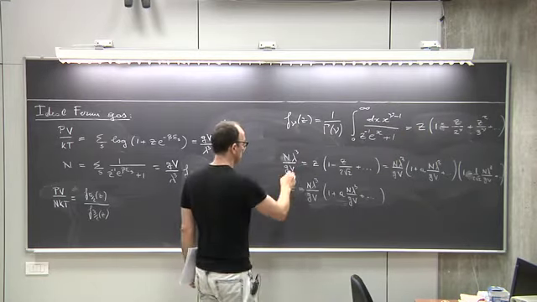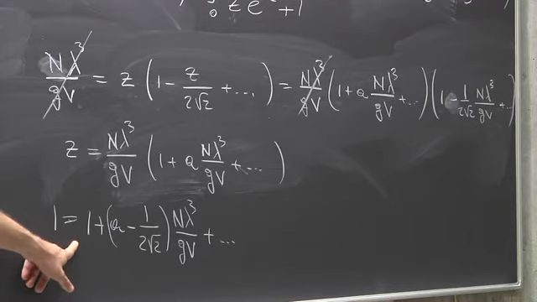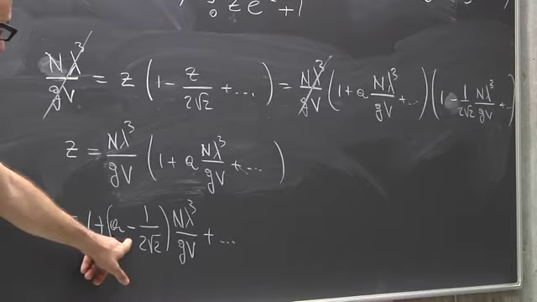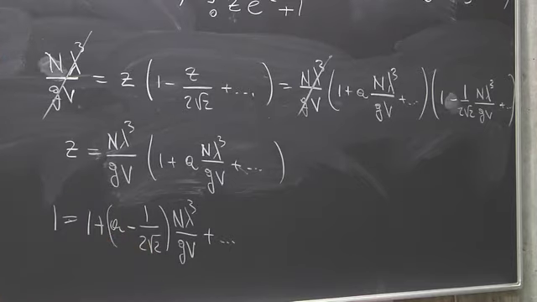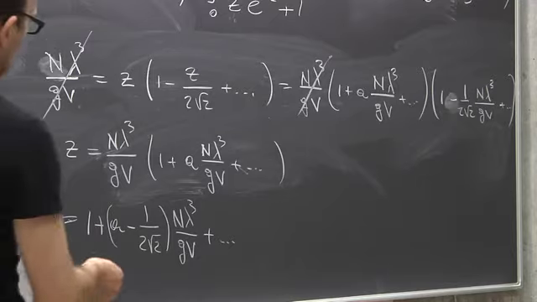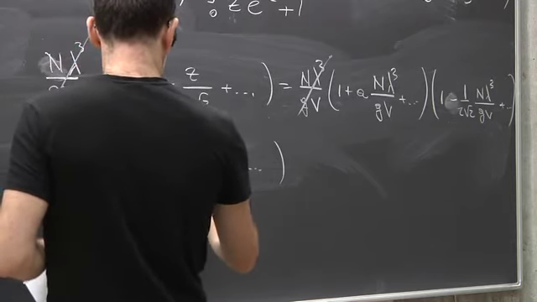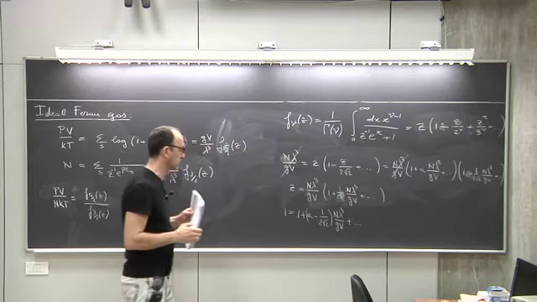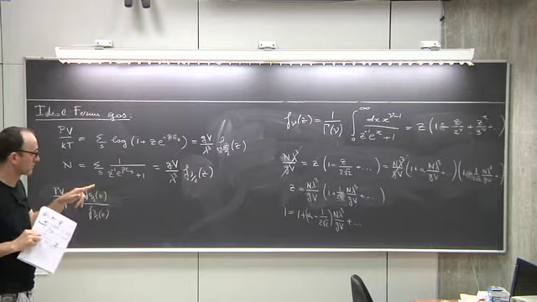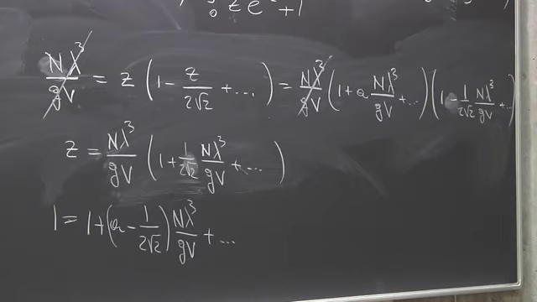So if this equation has to be satisfied, you see that a must be equal to 1 over square root 2. So we have found z as a function of n at high temperature or low densities.